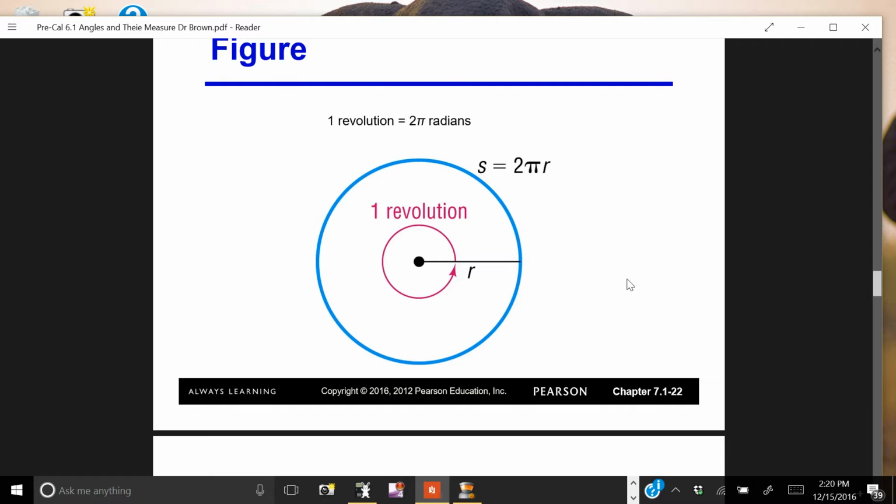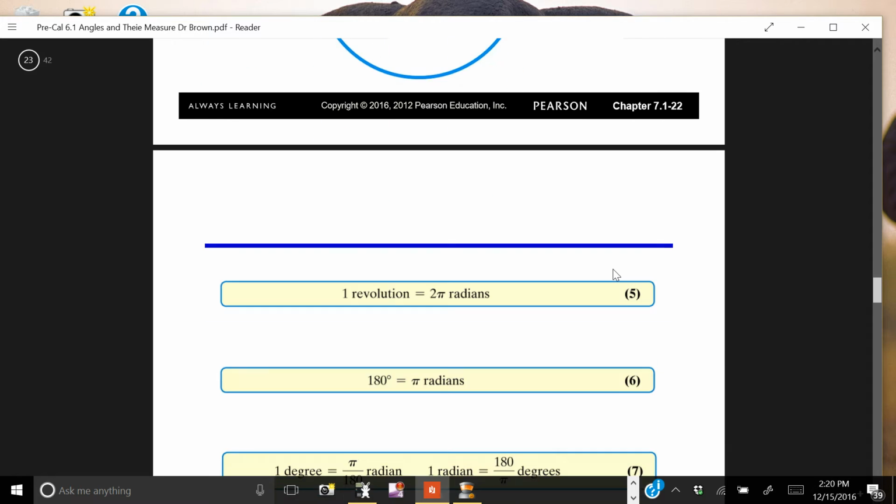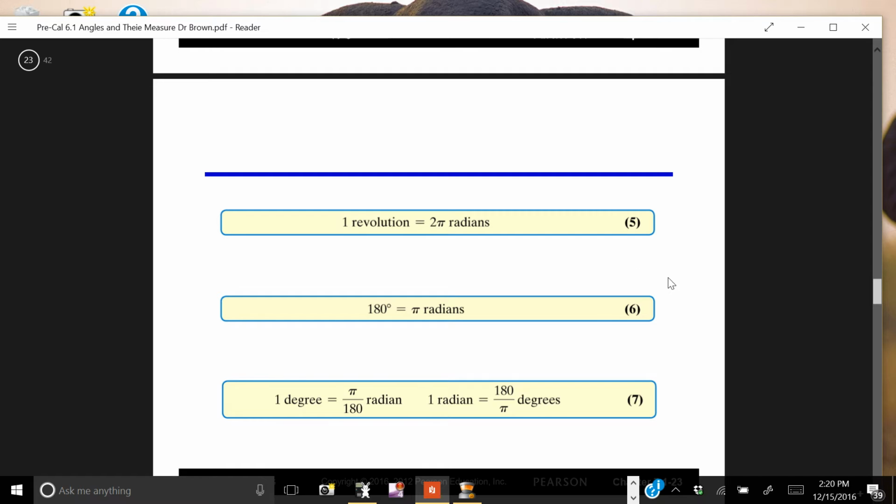So in a full circle, 1 revolution is 2 pi radians. That's 360, as we said. A half a revolution is pi radians. So 1 degree is equal to pi over 180 radians, and 1 radian is equal to 180 divided by pi degrees.